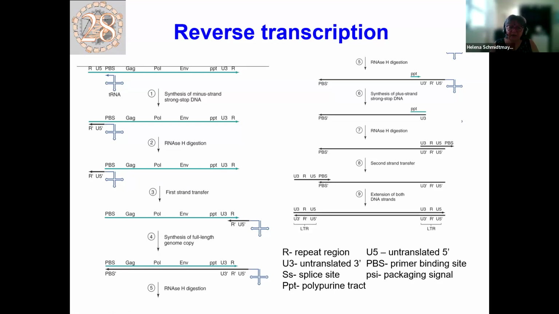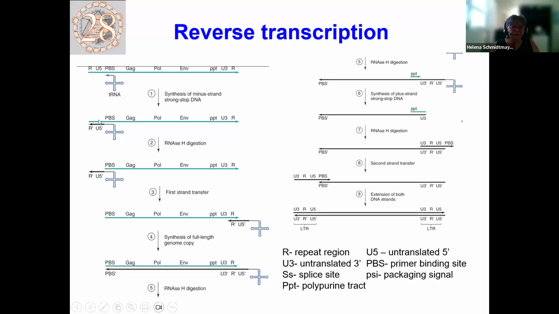You recall we said that the virus also packages cellular tRNA into virions. And this tRNA serves as a primer which binds to the primer binding site and triggers synthesis of short DNA. You recall, since the viral RNA goes 5' to 3', this has to go in the opposite direction. So it synthesizes a very short DNA, which is called strong stop DNA.